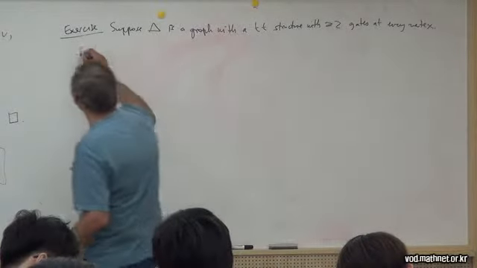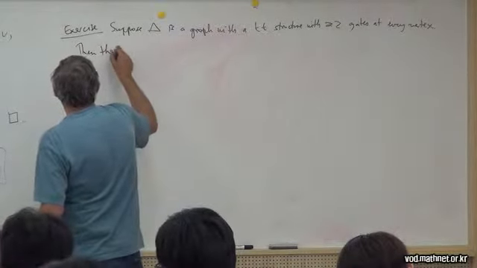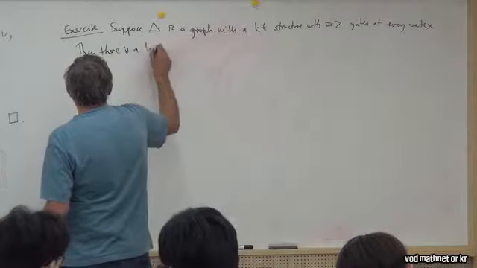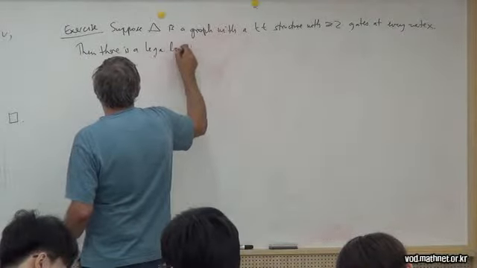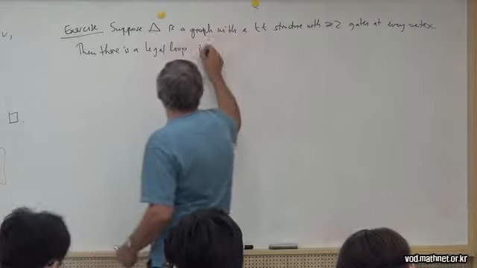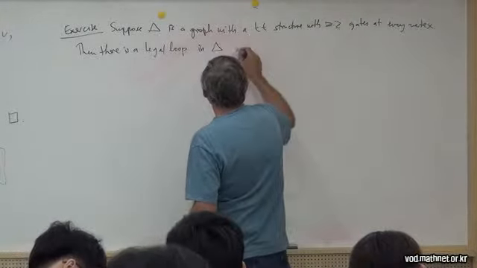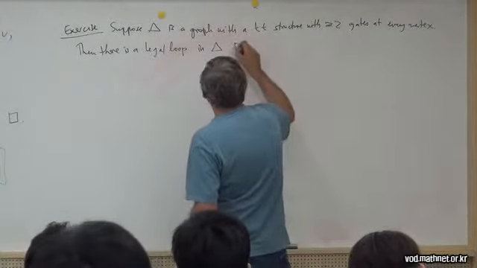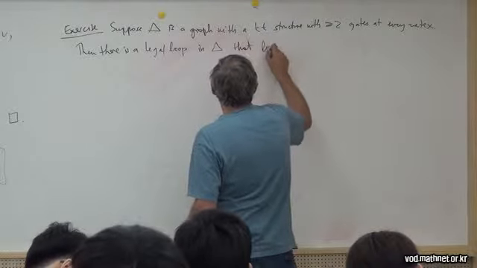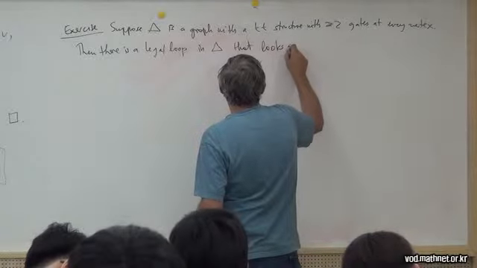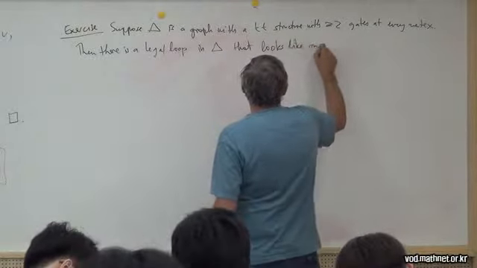Then there is a legal loop in delta that looks like one of the following.